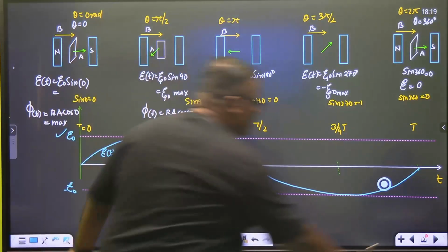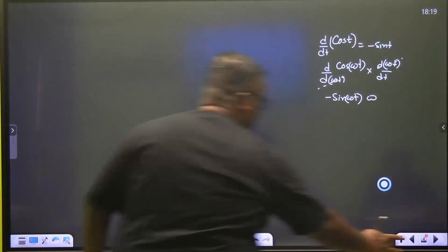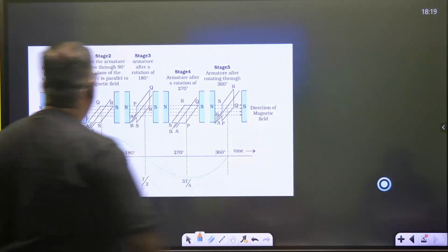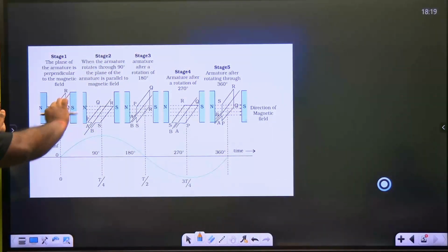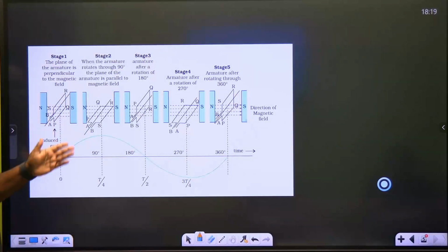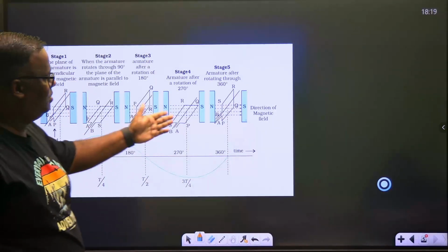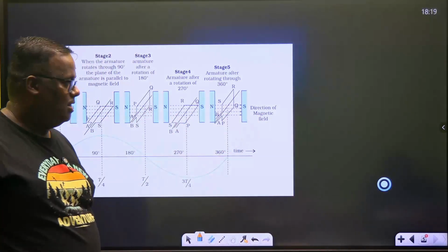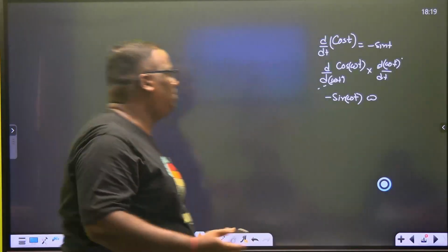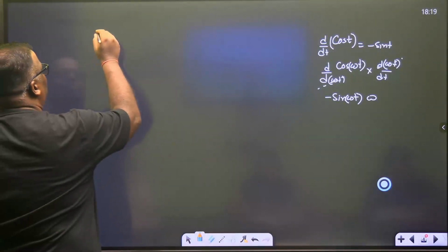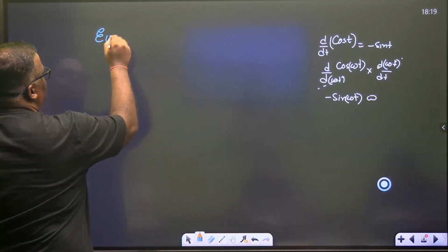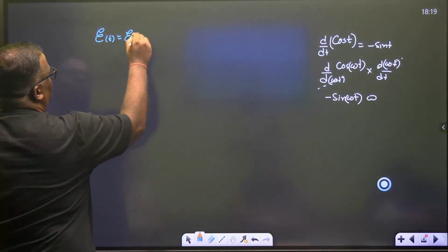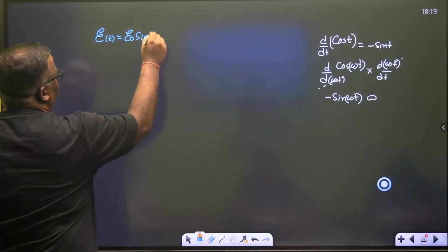This was what was explained in your NCERT diagram, which is this particular diagram, the same thing. So now you'll understand this. Look, the A vector is here. So 0, after this, T by 2, T by 4. This is the funda. So in the next chapter, you will say that the EMF at any time t is given by E naught sine omega t.